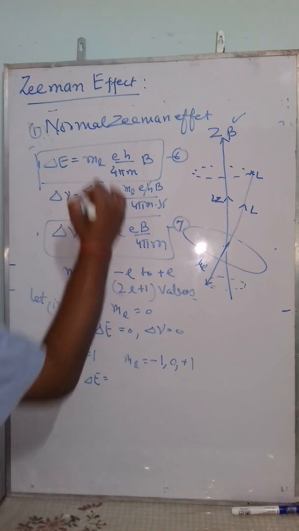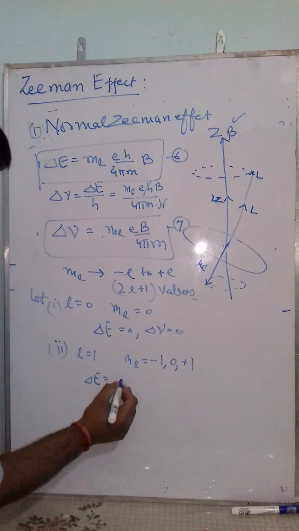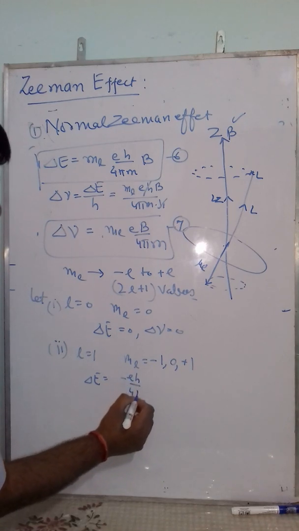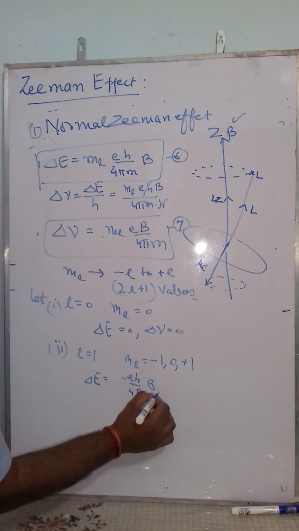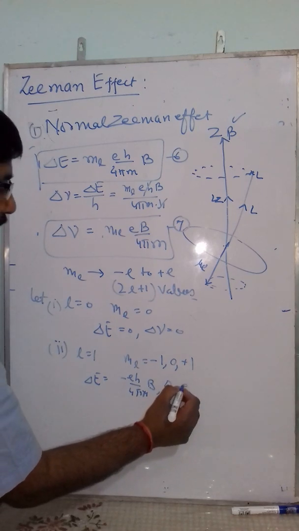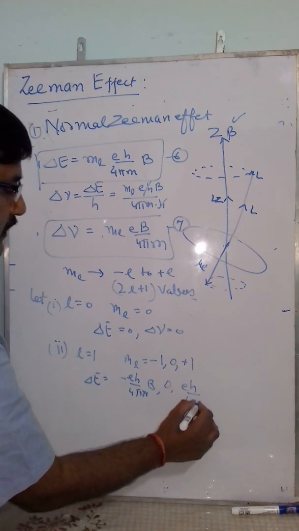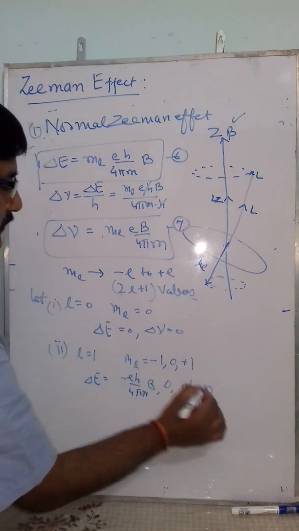So first m_l is minus 1, so minus eh upon 4 pi m into B, then 0, then eh upon 4 pi m into B, right?